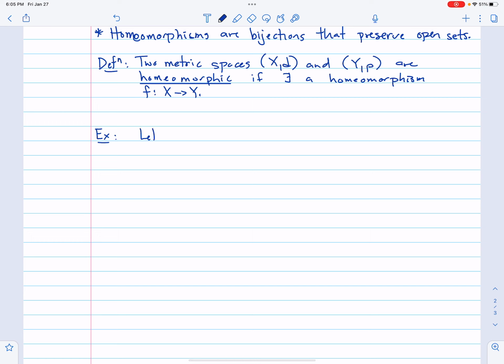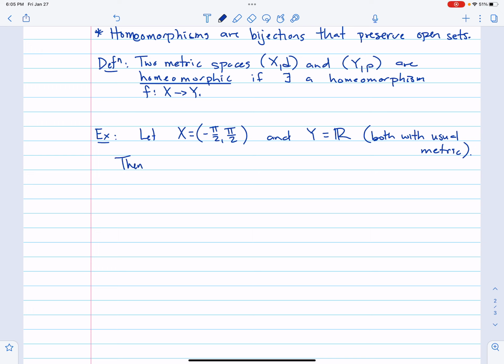Let's let X be the open interval from negative pi over 2 to pi over 2, and let's let Y be the real line. And here we're going to think of both with the usual metric. All right, then we can find a homeomorphism from X to Y.